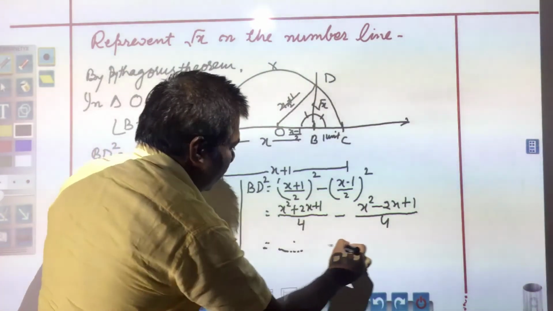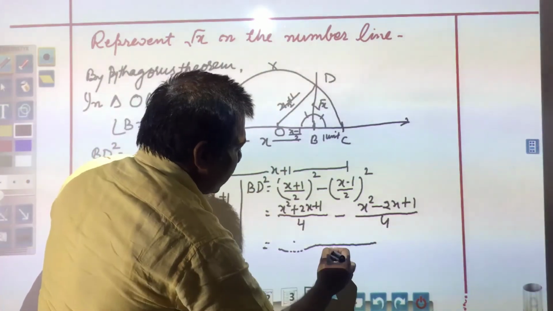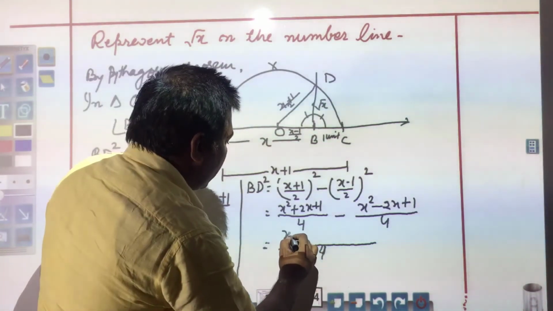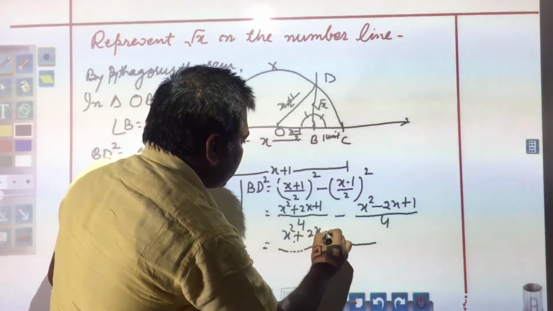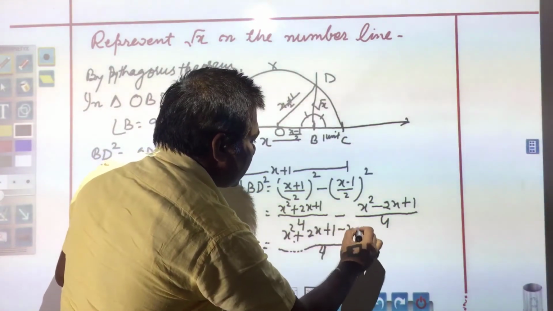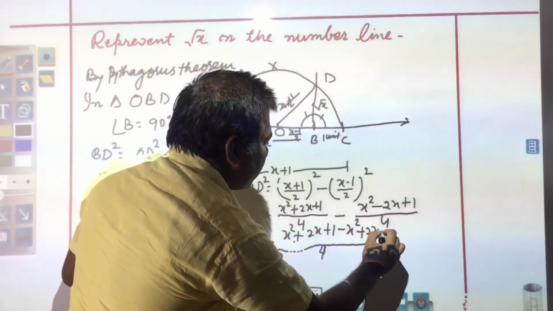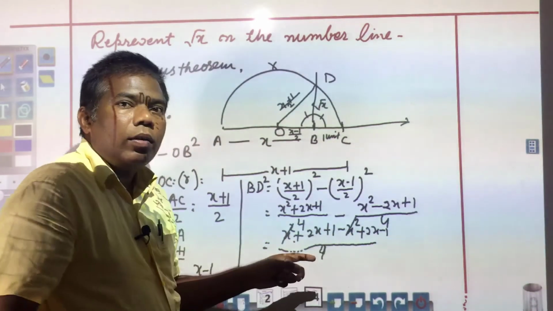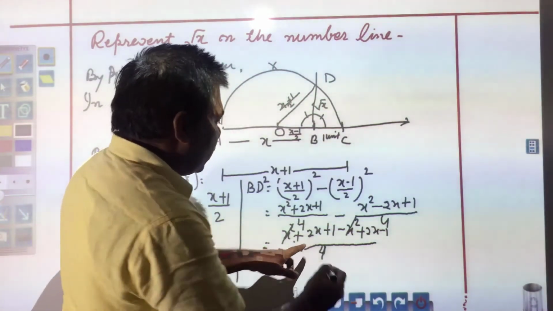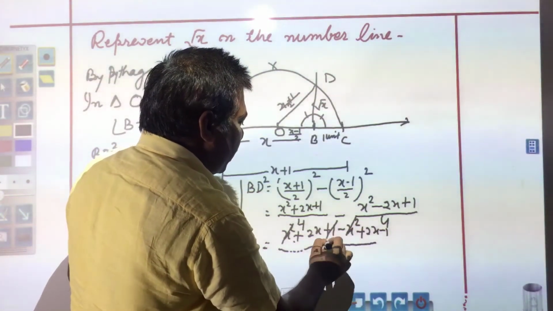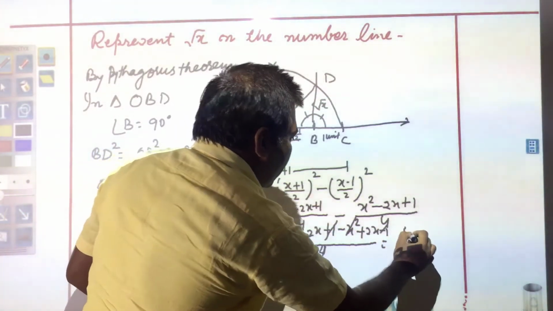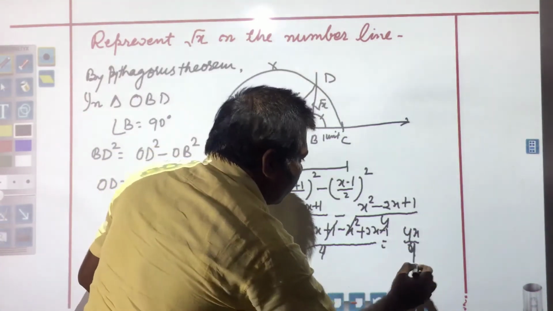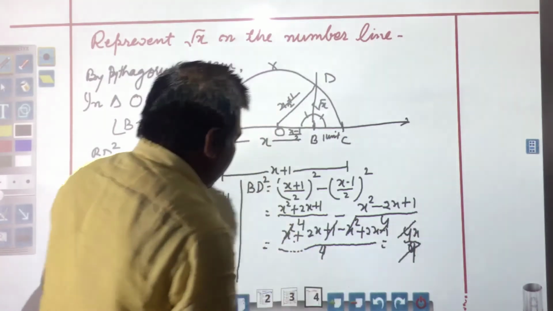Now, what you will get? Here LCM you will get 4, and x square plus 2x plus 1 minus x square minus 2x plus 1. So, x square and x square will get cancelled, and 2x and 2x will be 4x, and 1 and 1 will get cancelled, so 4x by 4. 4 and 4 will get cancelled.